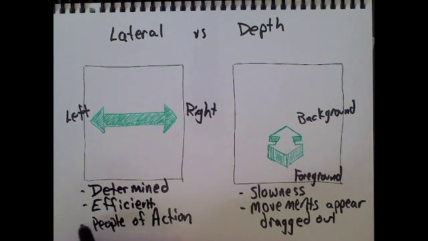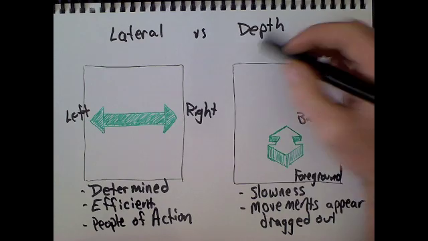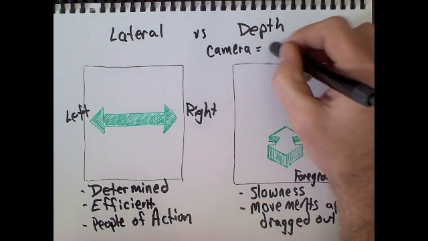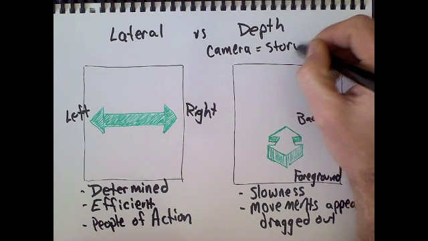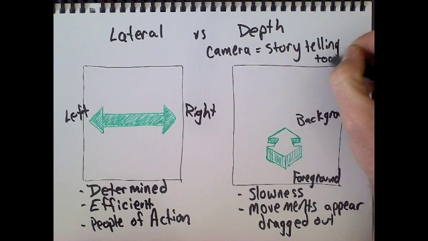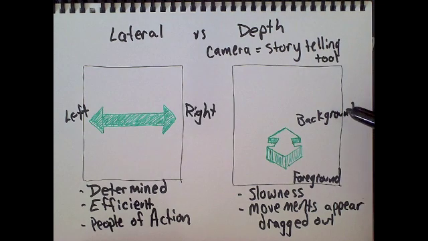Now, why is this important to know? Because the camera serves as a storytelling tool. And with the camera as a storytelling tool, you have to decide whether or not the action is meant to look determined or whether it is meant to appear dragged out.